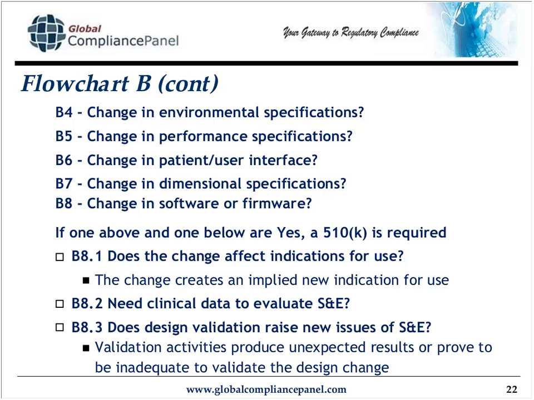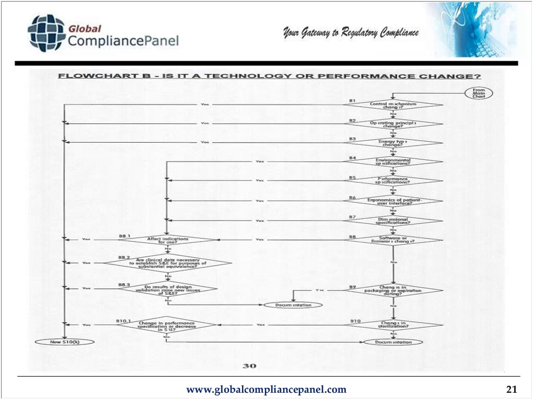So now that we've determined that the indications for use are being changed, B8.2 says, well, do I need clinical data to establish safety and efficacy? And if I do, I need a new 510K. But if I don't, does the design validation that I've performed raise any new issues that I hadn't anticipated?